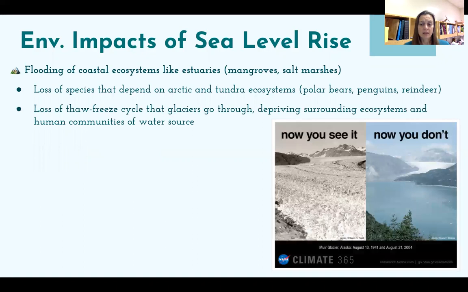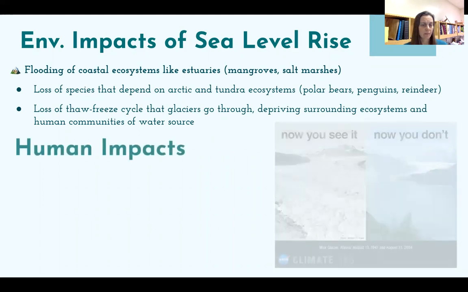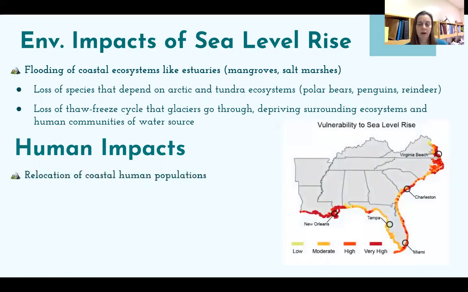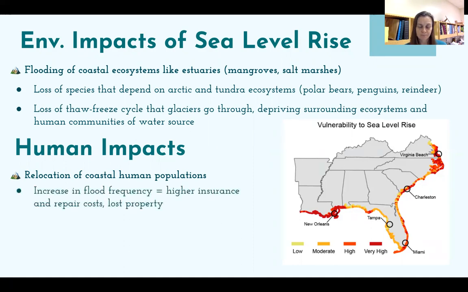So we can see this is an image taken 63 years apart, and you can see how much that glacier has receded. When we talk about human impacts, obviously, if we have significant sea level rise, and certainly we are right here in the thick of this, our coastal populations are going to have to move. Those beach homes are no longer going to be safe.